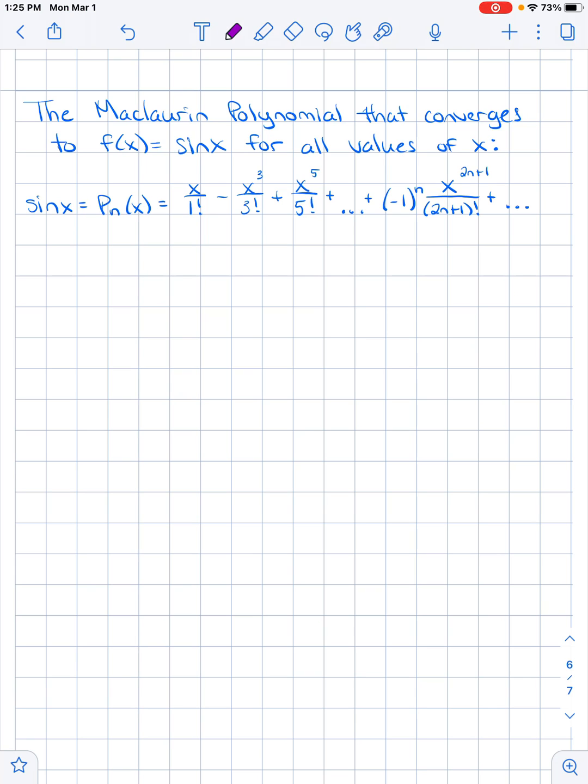The reason we say equal to, if you were to graph out an infinite number of these terms, the interval of convergence for this Maclaurin polynomial for sin x is from negative infinity to infinity. This polynomial is a perfect match for sin x at every value of x from negative infinity to infinity.